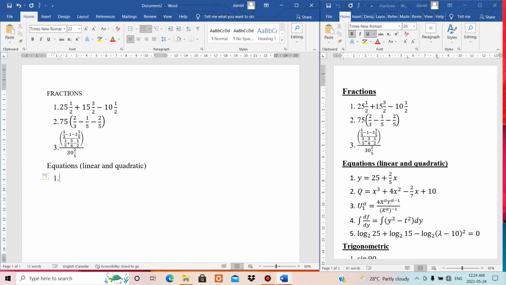So the first, we have a linear equation because the variable has no exponent more than one.